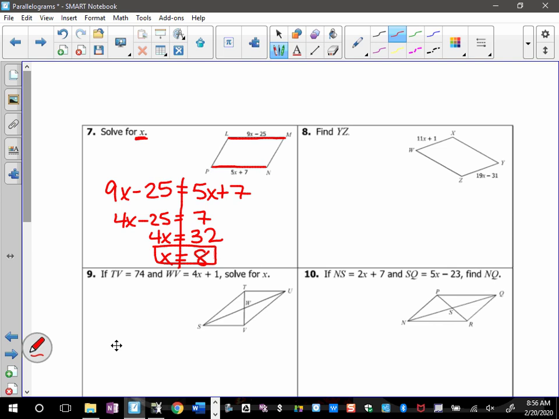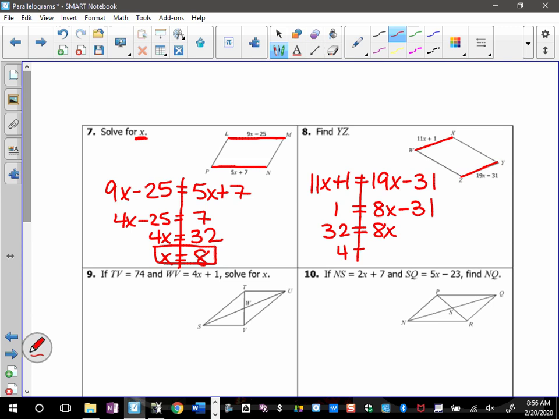Number 8, same thing. Sides can't add to anything, so all I can do is 11x plus 1 equals 19x minus 2. Subtract 11x, and you have 8x minus 31. Add 31, and you have 32 equals 8x. X is 4. However, they wanted YZ.